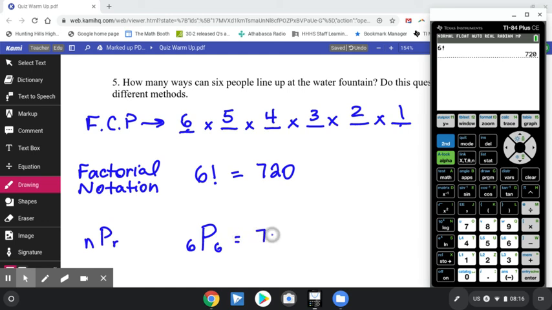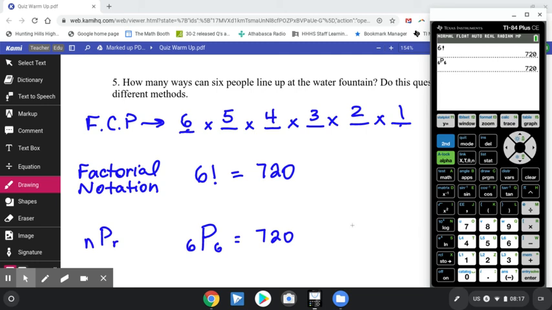Now it equals, again, 720. Let me just remind you of how to put that one into your calculator. And so I start off with the 6. I go to math, over to probability. It is number 2 in the list. And then I type in my other 6. I arrow out of it, hit enter, and there's my 720. So 3 different ways that you can do that question.